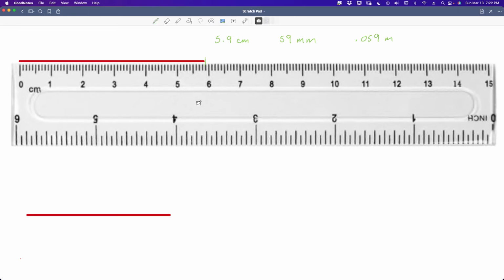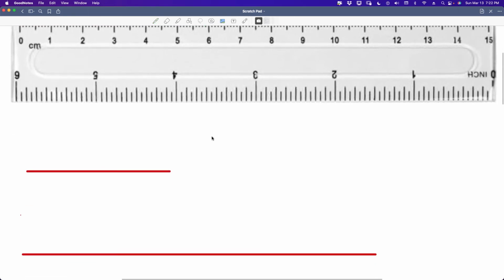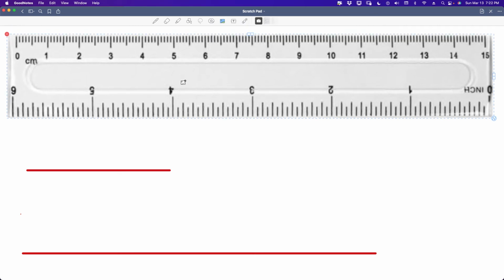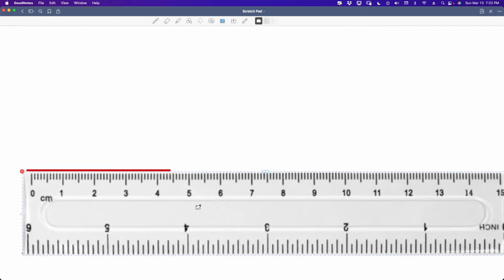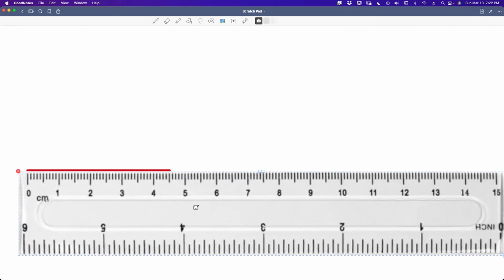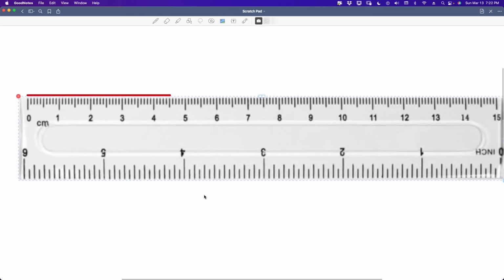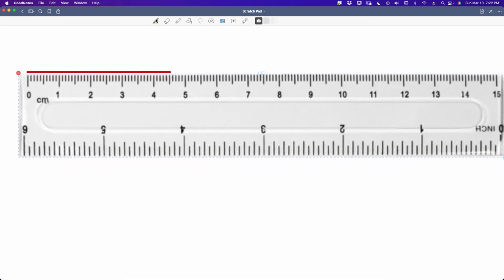All right, so let's measure the next line. We're going to line up with the end. And again, we're going to bring it up so we can see what we're doing. And I'm going to switch to this green line, and make a mark right here at the end of the line.